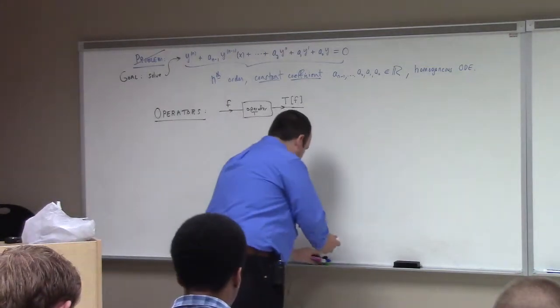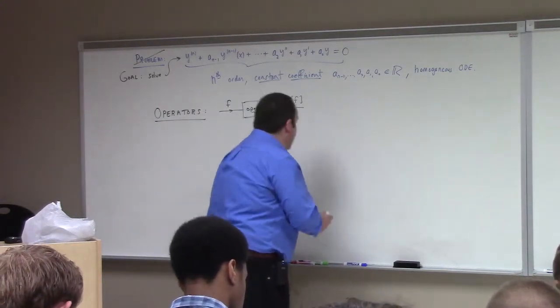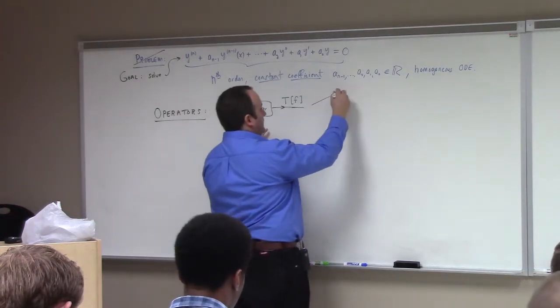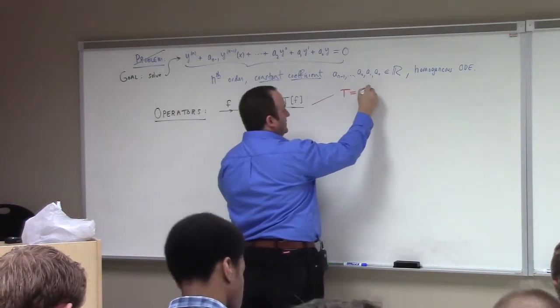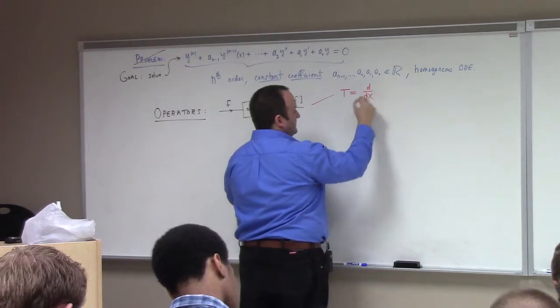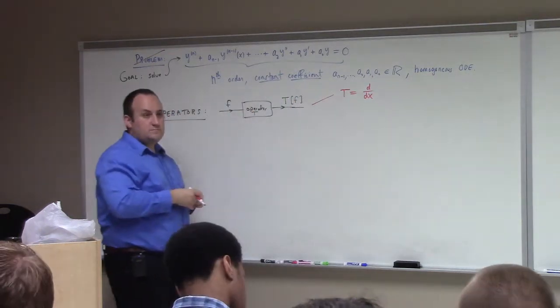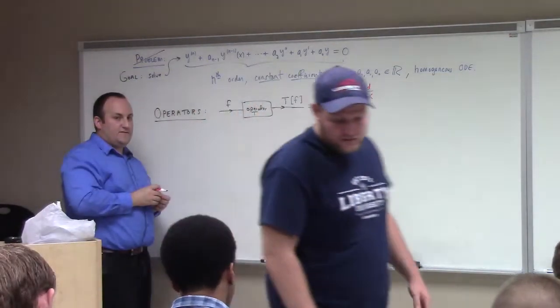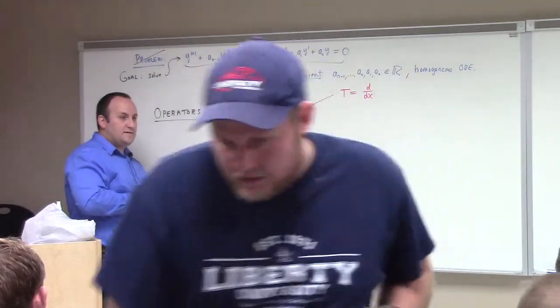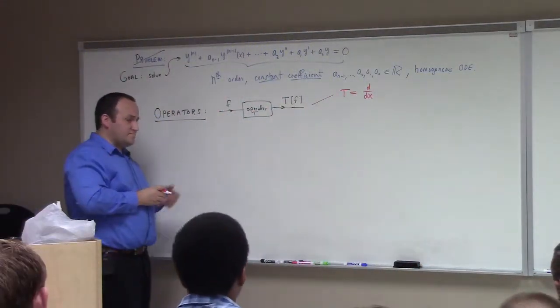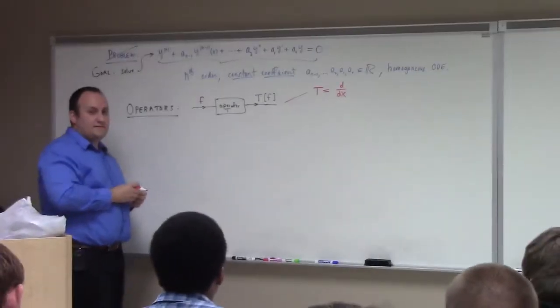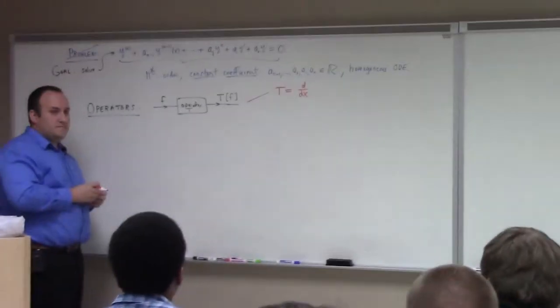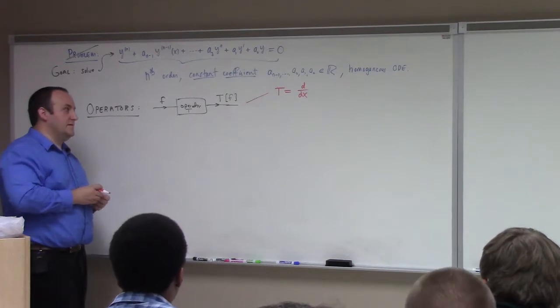So some good examples, for example, T equal to d/dx. This would be an operator. See, because if I give you a function and we take the derivative of that, what do we get? Another function, right?